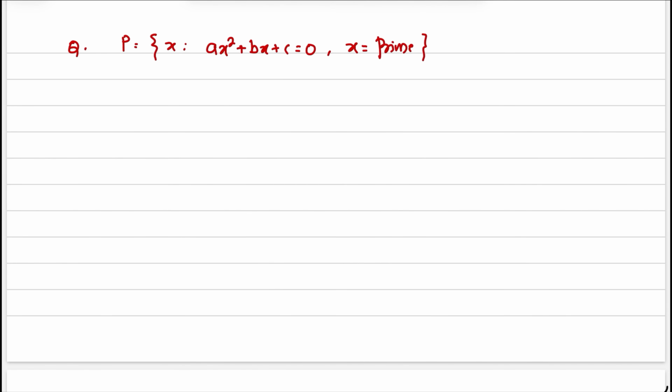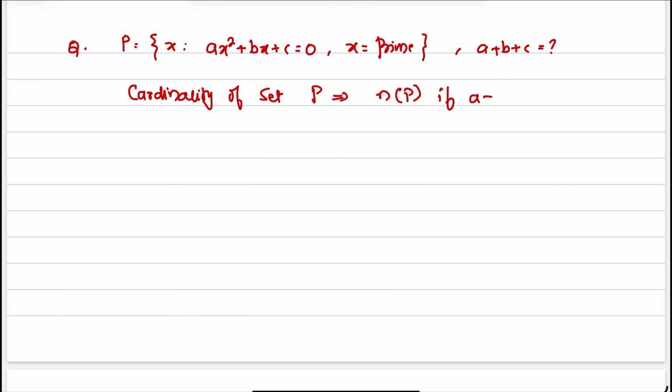This is the set of the elements x, the definition of x. Now, we have to find out a, b, c so that this definition is satisfied. And we also try to find out the cardinality of the set P, that is n(P), if a plus b plus c is less than 10.